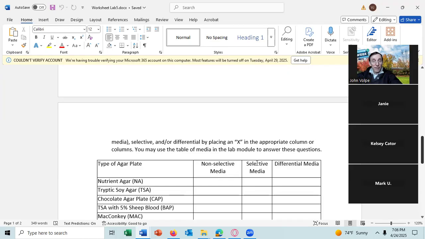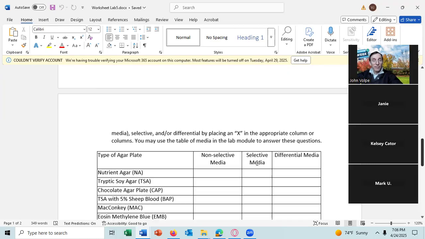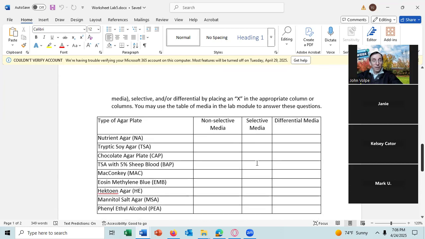You may use the table of media in the lab module to answer these questions. So for nutrient agar, if you think it's non-selective, put an X there. If you think it's selective, put an X there. If you think it's differential, put an X there. If you think it's all 3, you can put all 3 X's.